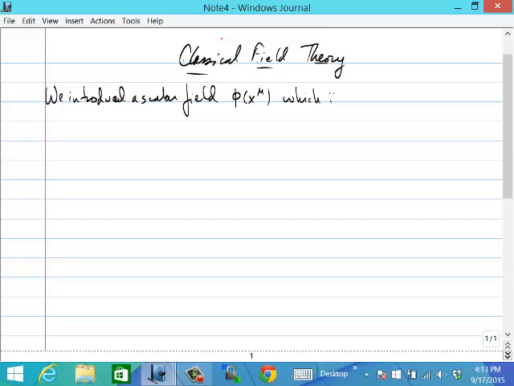And it's the basic dynamical object in both classical and quantum field theory. So what is it? You can think classically phi of x mu is an assignment of a real number for each point in space-time. So it's a number for each point in space-time.